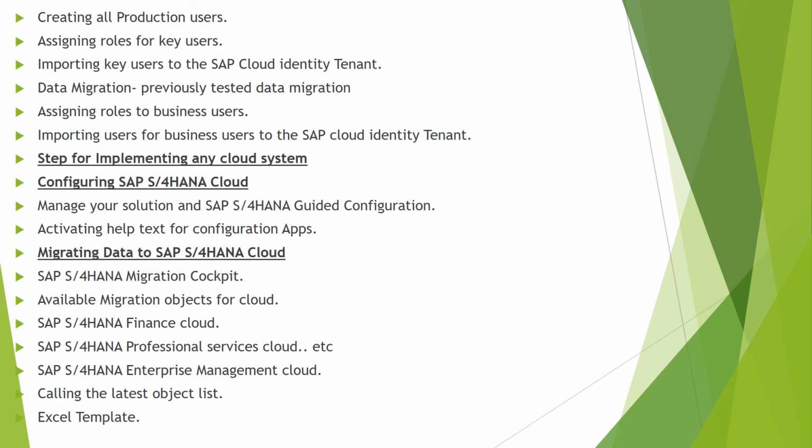So manage your solution, and the SAP S/4HANA guided configuration screen will have configure your solution option, view solution scope, and learn more on the left hand side, and on the right hand side test your process once it is configured, migrate your data if you need migration, and manage your test process. Okay, so these are the options available.